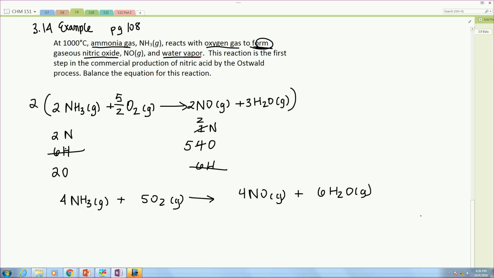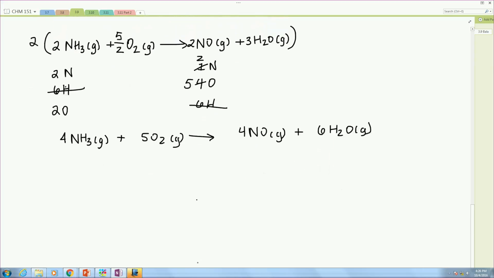Okay, so now we can just check and make sure that is balanced. Okay, so look at both sides in your total. So here we have 4 nitrogens. Here we have 4 nitrogens. We have 10 oxygens.